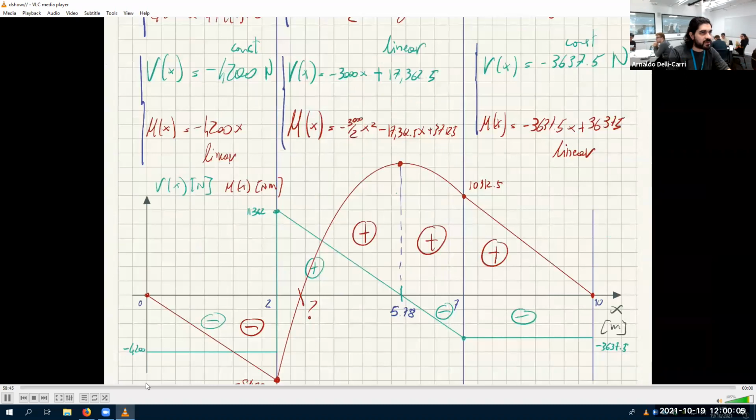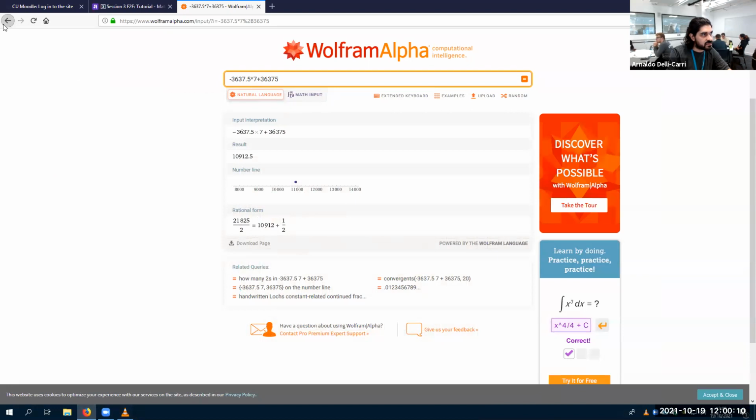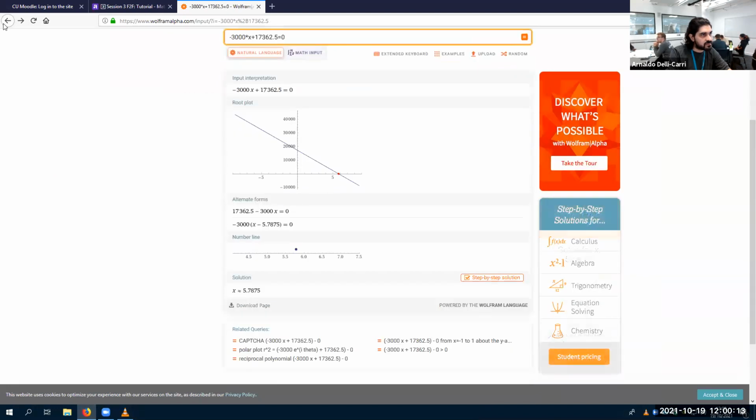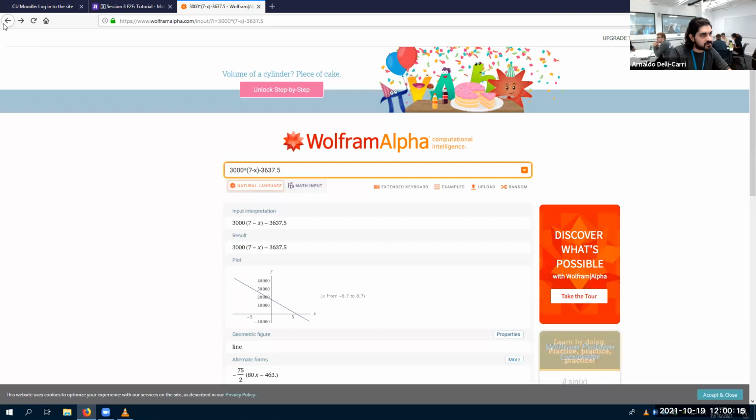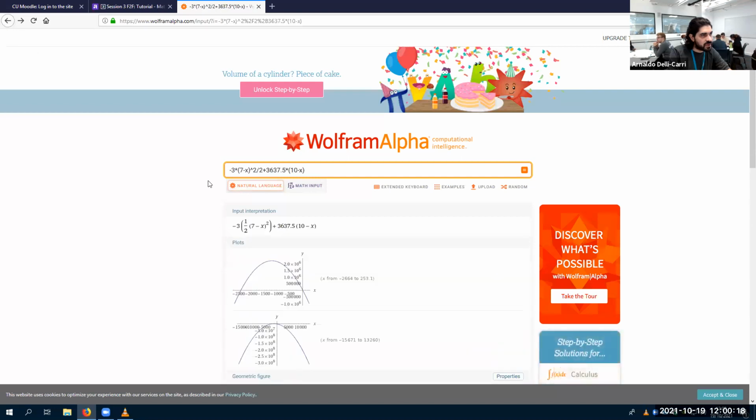Okay, so let me put this in Wolfram alpha and let's find where is this 0. So minus 3000, I think it's this one. Okay, so this is minus 3000 minus 3000 plus by times 10 minus x, okay, equals 0.